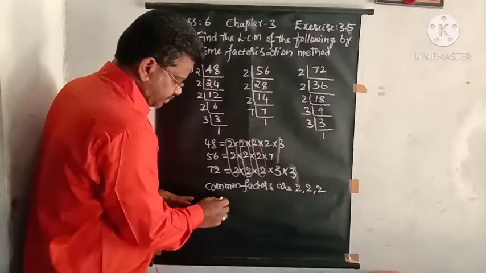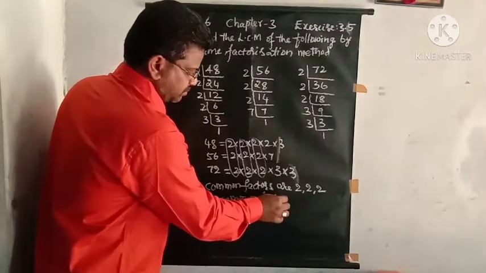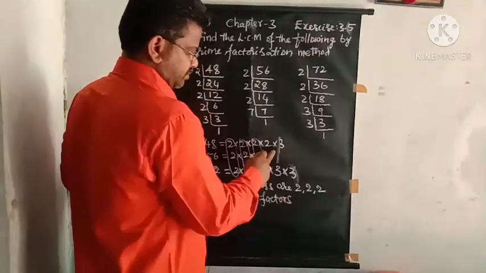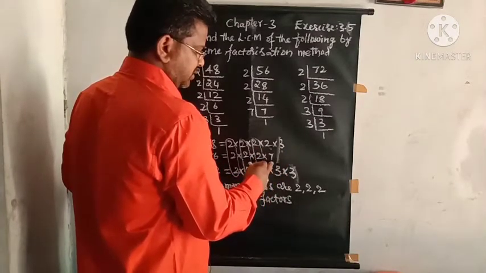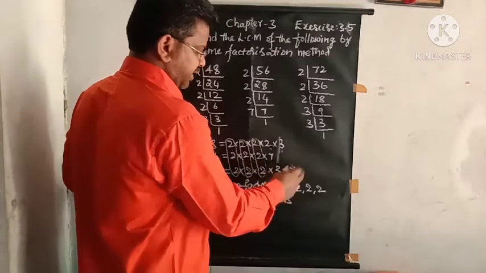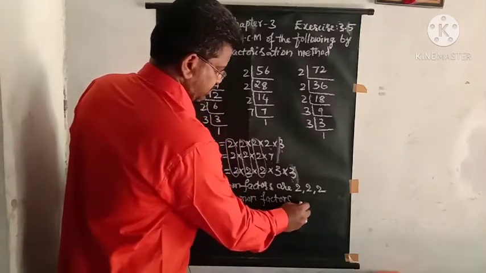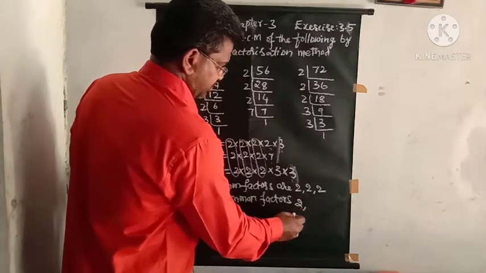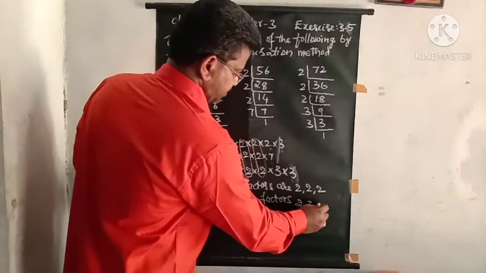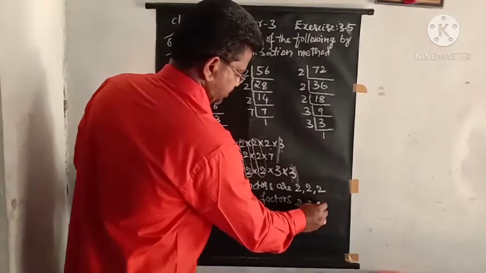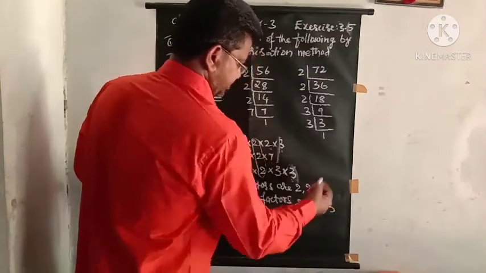Uncommon factors: what are the uncommon factors? 2, 3, 7, 3.